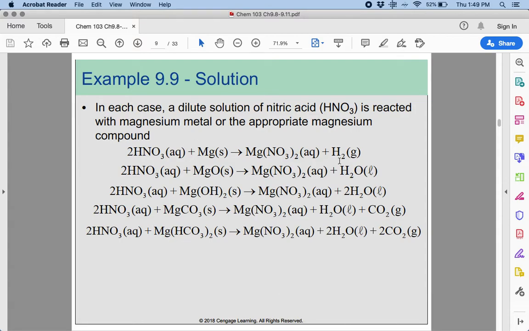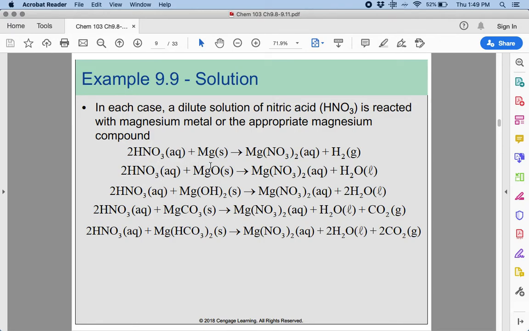So here we'll go through the different versions of it. Again, the goal here was the salt you would be creating would be this guy every time. So if we're going to have magnesium nitrate, our metal would have to be coming from some sort of magnesium, and our acid would have to have a nitrate in it. So nitric acid is a good option for that.